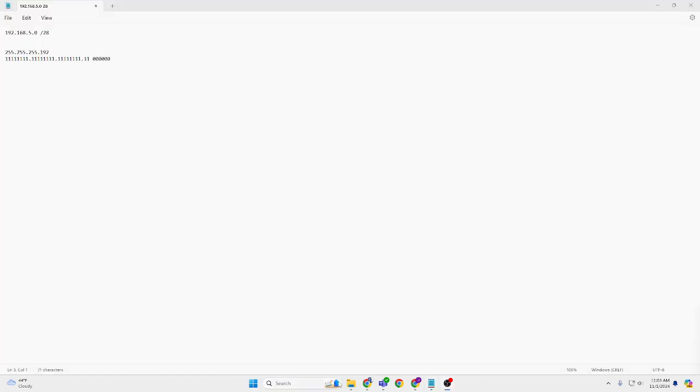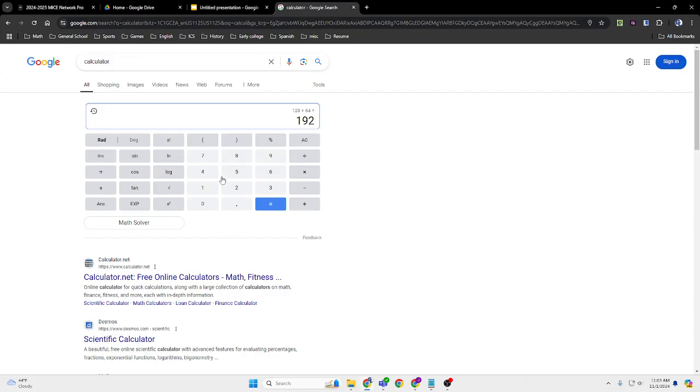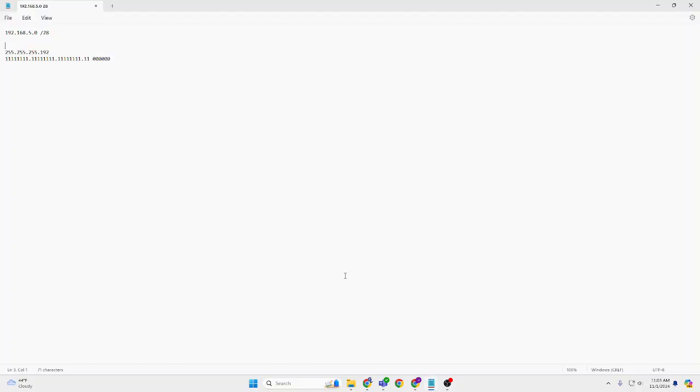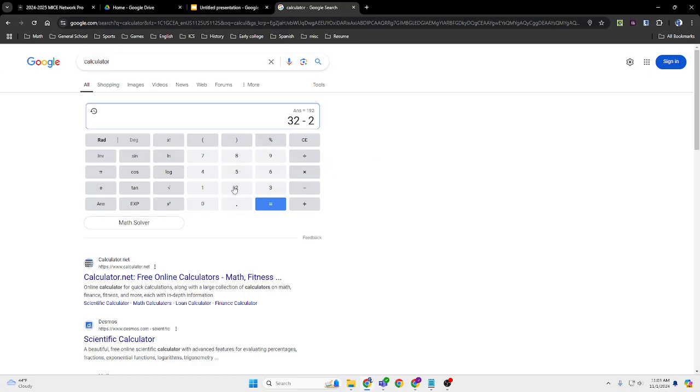So for that, I'm going to find the number of hosts. What I like to do to find the number of hosts is we do 32, subtract the number in front of the subnet, or the slash. So 32 subtract 28, that gives us 4.